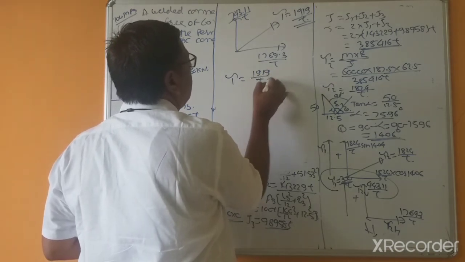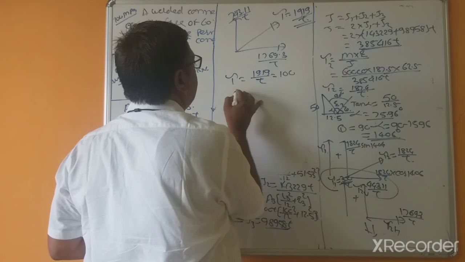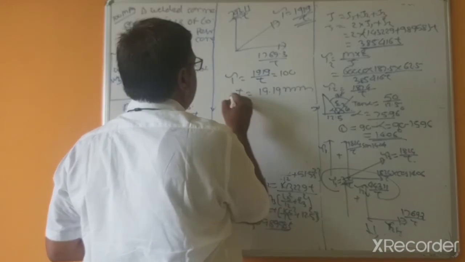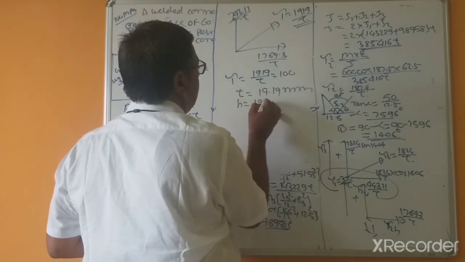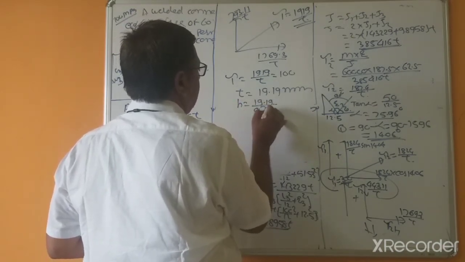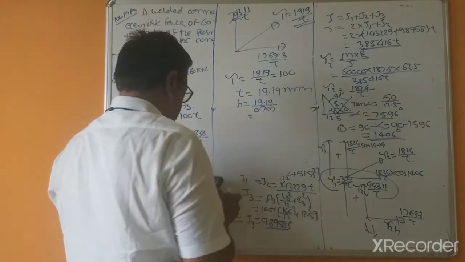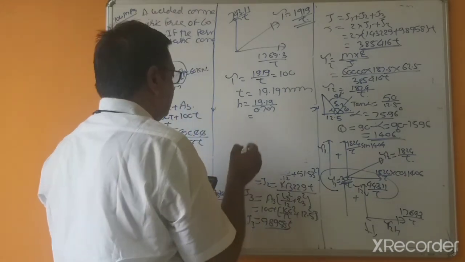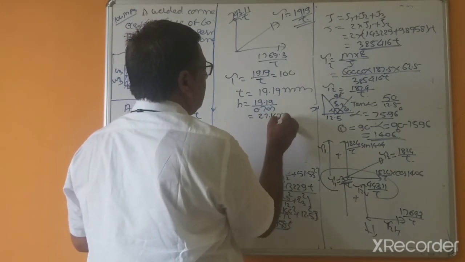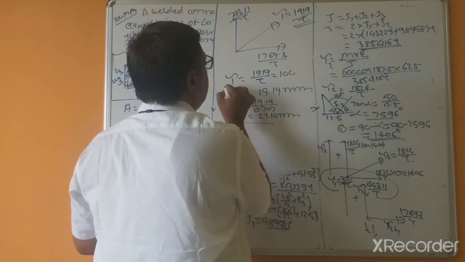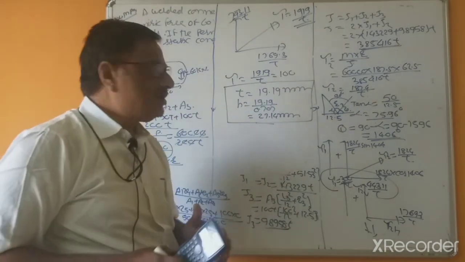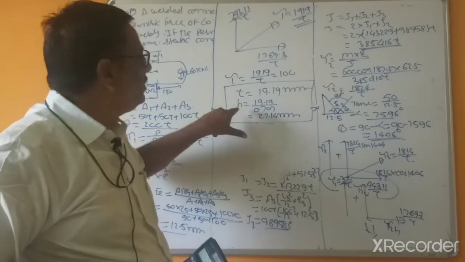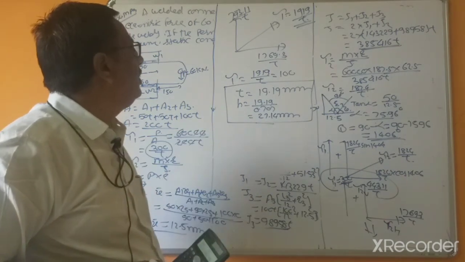Now tau equal to 100 by T equal to 100, T equal to 19.19 mm, and H equal to 19.19 divided by 0.707, 27.14 mm. This is the throat thickness, T equal to 19.19, and the leg length, H equal to 27.14.